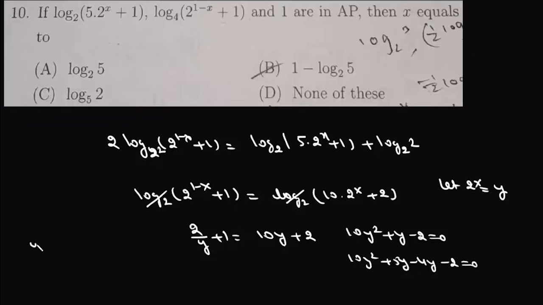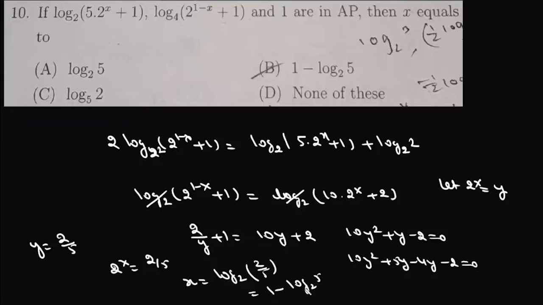So from here, the only positive value of y we'll get is 2 by 5. So 2 to the power x is 2 by 5, and if we take log to the base 2, we get x as log 2 by 5 base 2, and log 2 base 2 is 1, and log m by n is log m minus log n. So it will be log 5 base 2. So 1 minus log 5 base 2, and that's your option B.